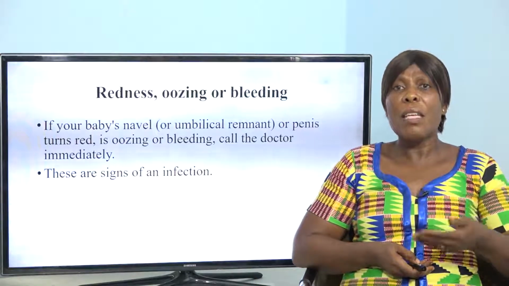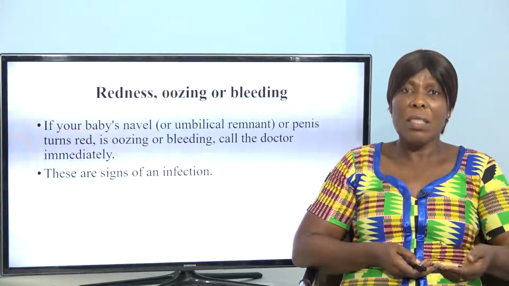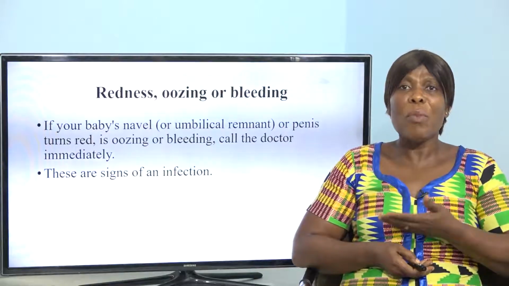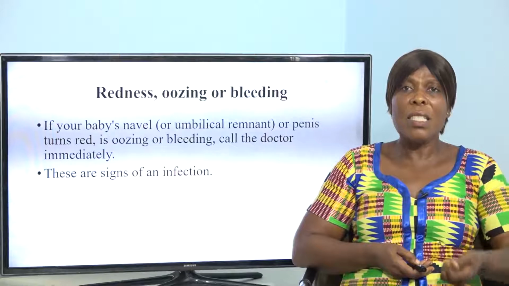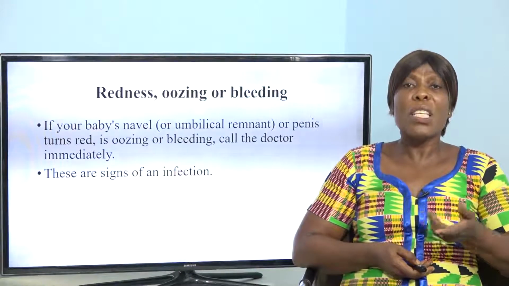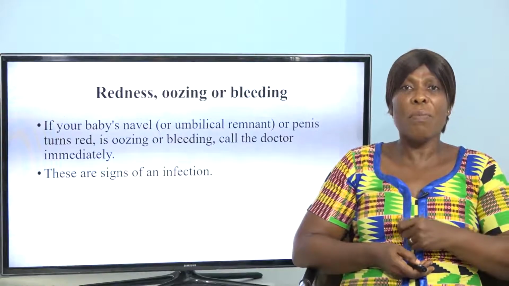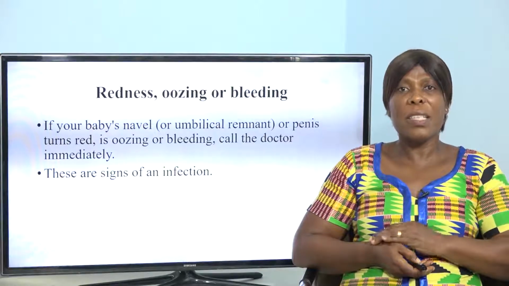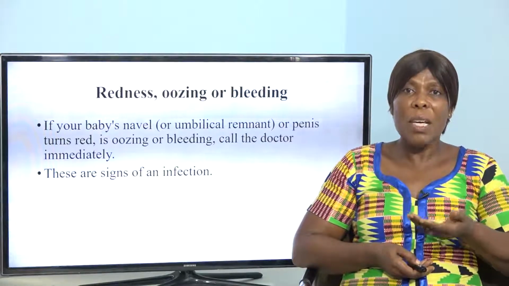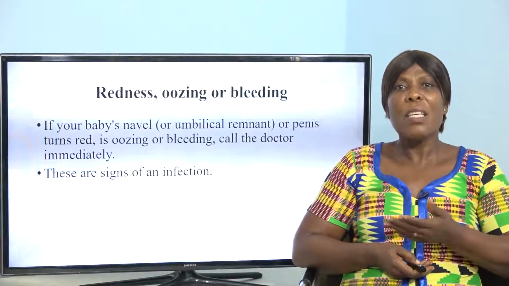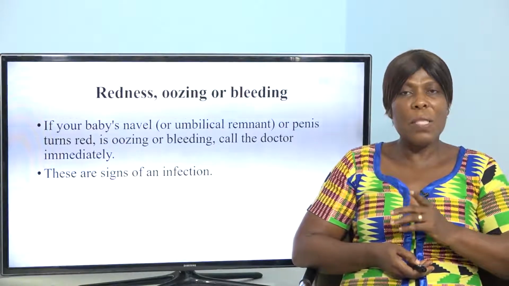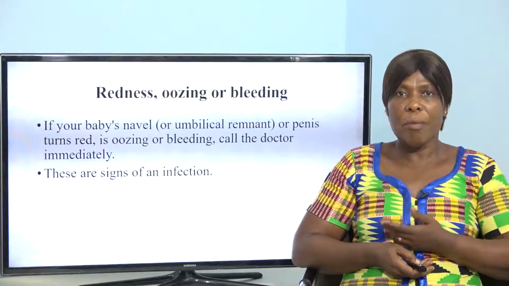If the delivery process is not well done, you know some of the blood vessels are being exposed. So with a little scratch, the skin starts to bruise. So you see this bleeding and then oozing of blood from the skin or the umbilical cord. So if care is not taken, the baby can bleed to death, especially with circumcision.